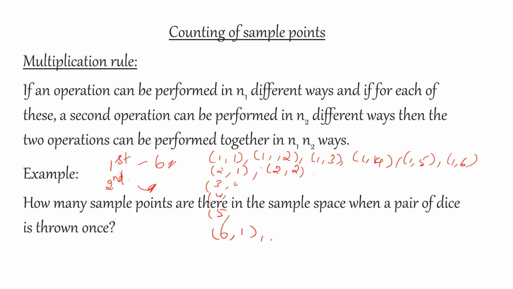Last is 6,6. In the live class we have discussed this, no? 6 times for the first and 6 times for the second, means 6 into 6. That is, for each of the 6 you will get all the 6. For 1 you get all the 6, for 2 you get all the 6, and so on. So there are 36 ways.